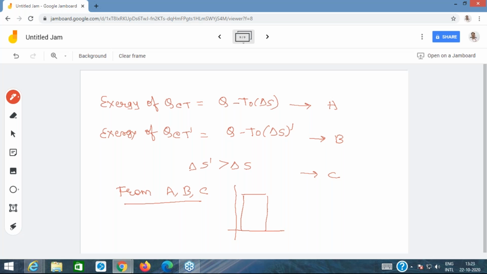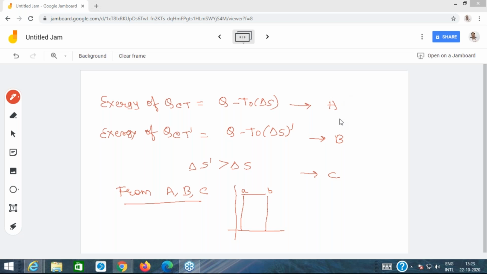So this, let us say, is A to B. What is the area under A to B?